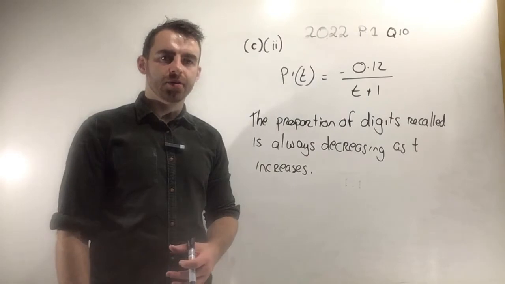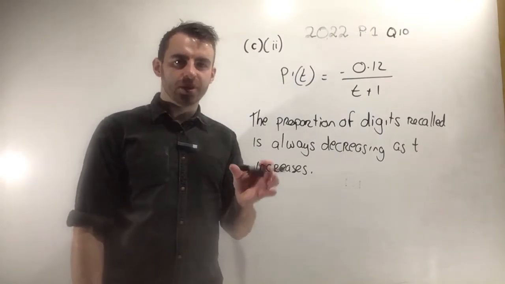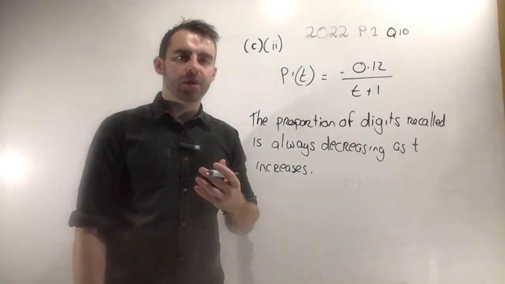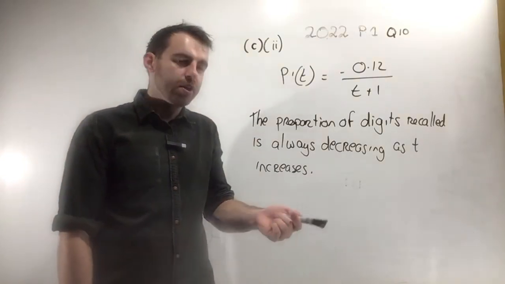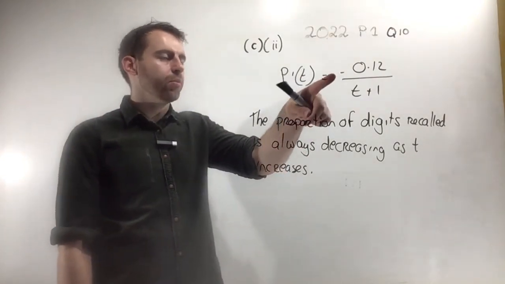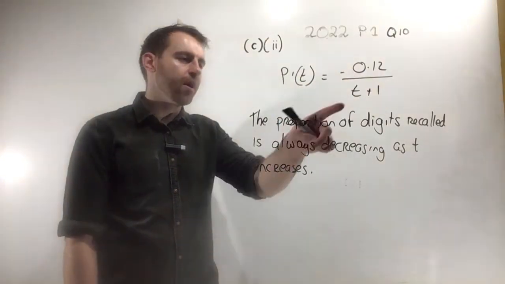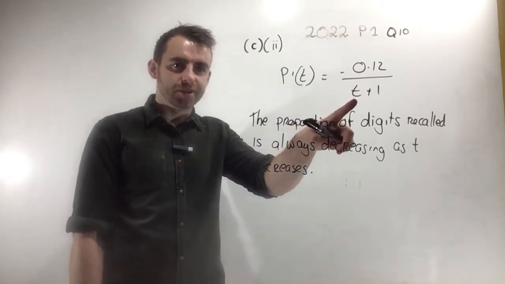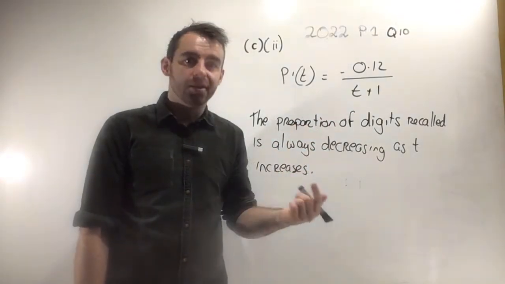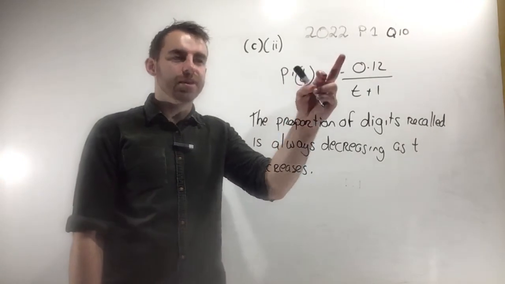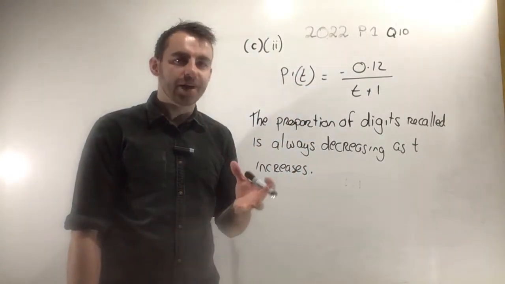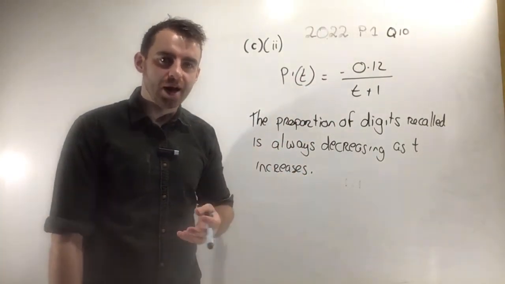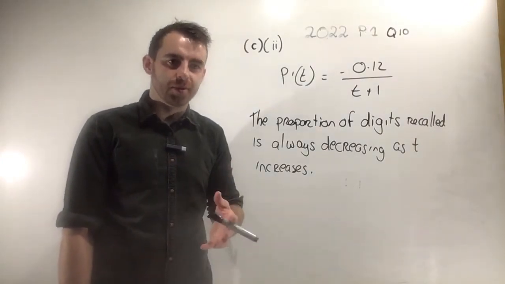In C part 2, we're told that when t is between 0 and 12, the first derivative is always decreasing. And we already know that from C part 1 anyway, because the top of the fraction is negative. And if I'm subbing in a positive value for t, the bottom of the fraction is always positive. If the top is always negative and the bottom is always positive, then the fraction is always negative. We're asked what we can deduce from this.